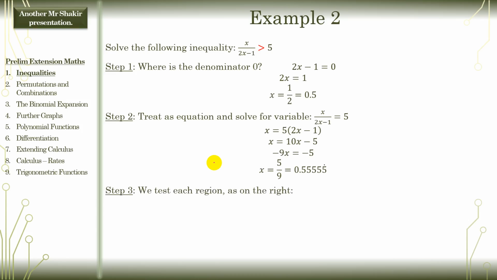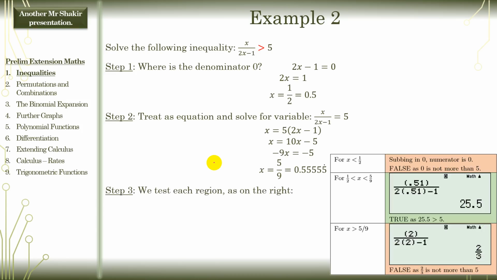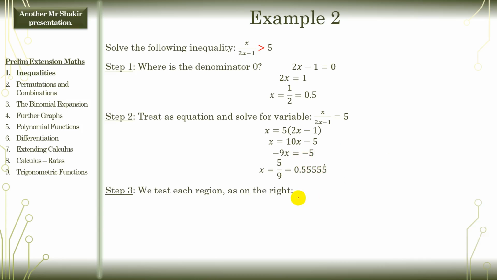Alright, so we will now test each region. As always, if you feel more comfortable doing it like this, if you want to really visualize it, plot it in. That's 0.5 and this is 0.555 and so on. And test each region. Find a number here, so you can have like 1, for example.